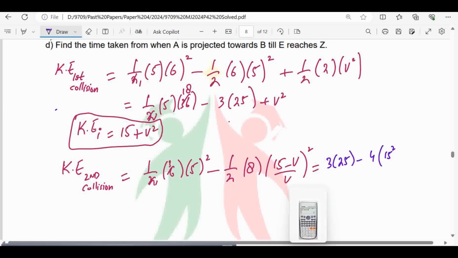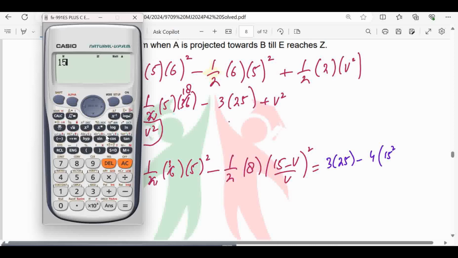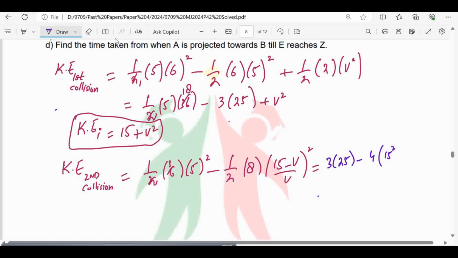Let me calculate 15 squared, 225, a squared minus 2ab, so 30b plus b squared, whole divided by 4 squared, which is 16.